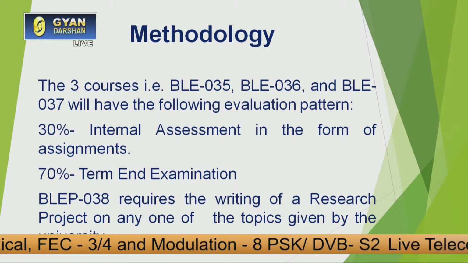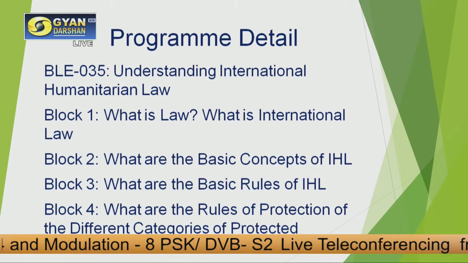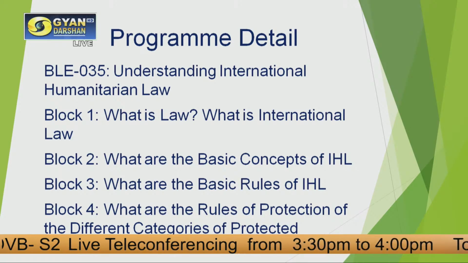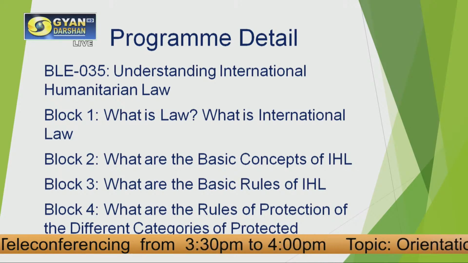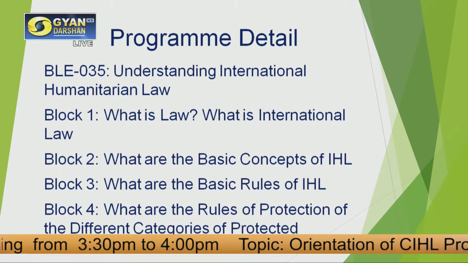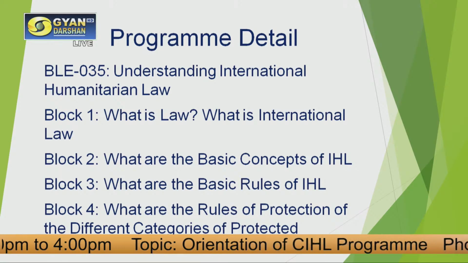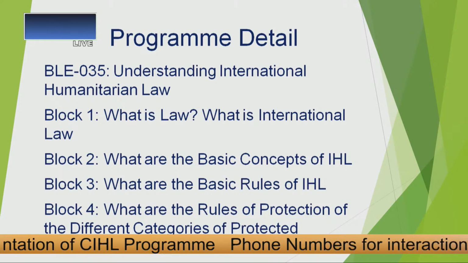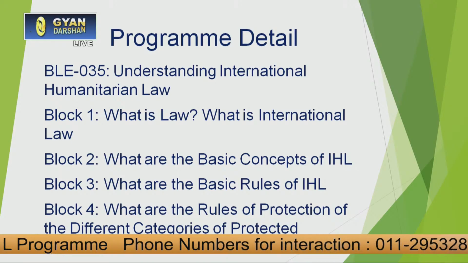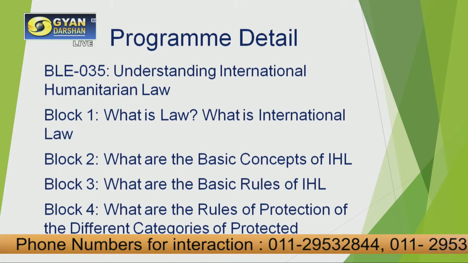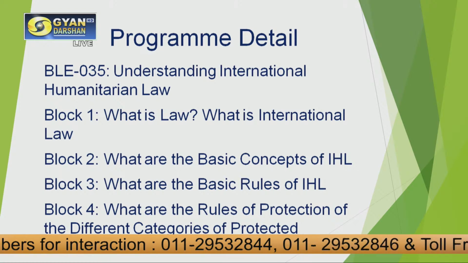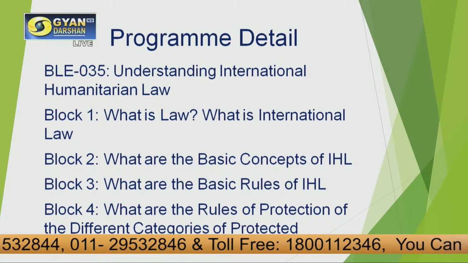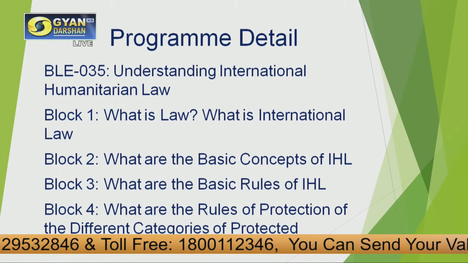Now we come to the details of the program, what this program contains. So the first course, BLE 33, is named Understanding International Humanitarian Law. In this course, there are 5 blocks. In the first block, we have covered what is law, what is international law, what is international humanitarian law, the basic definition, the basic idea.